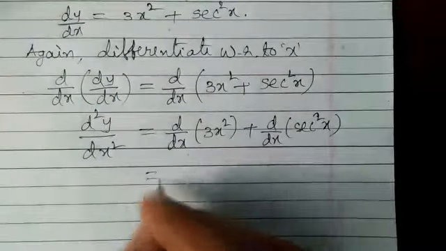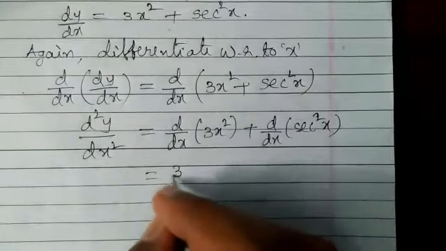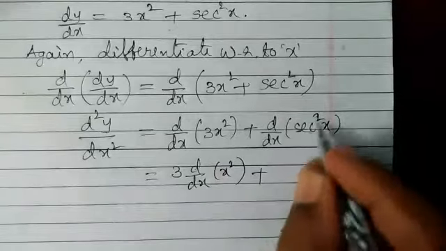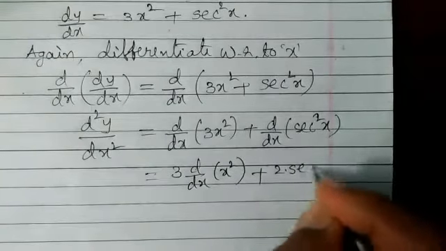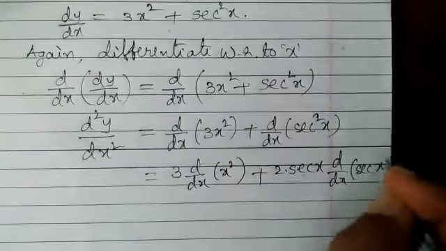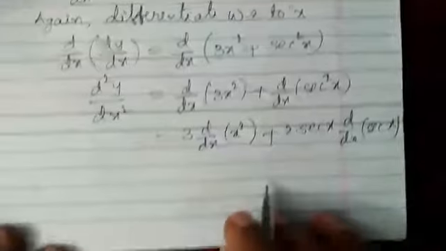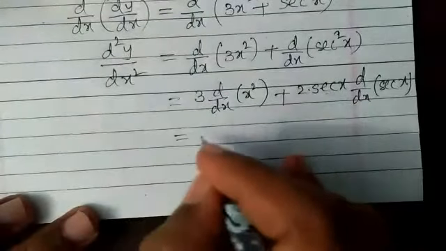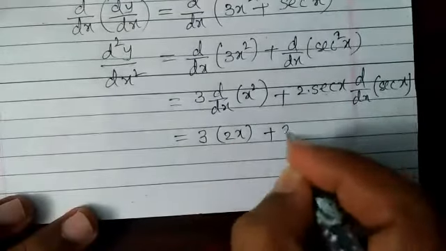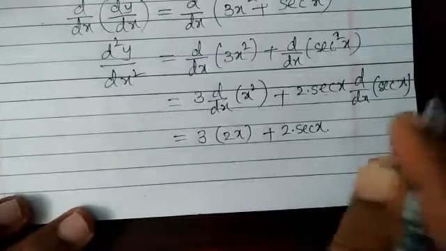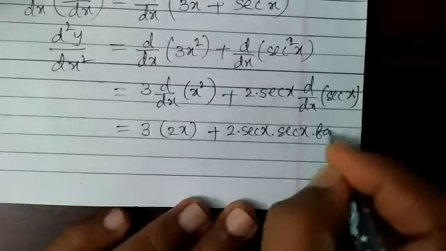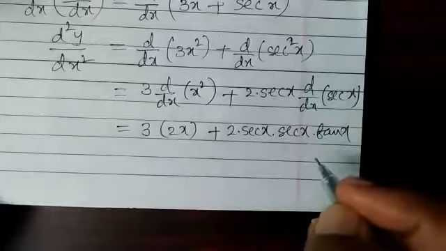So what do we write? D by dx of 3x square is 3 into d by dx of x square, plus for secant square we write 2 into secant x into d by dx of secant x. What do we get? 3 into the derivative of x square, which is 2x, plus 2 into secant x into the derivative of secant x, which is secant x into tan x.